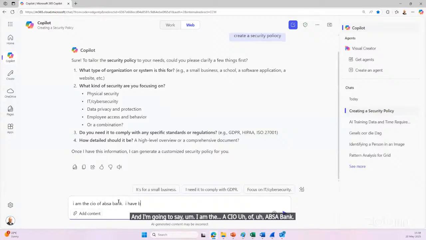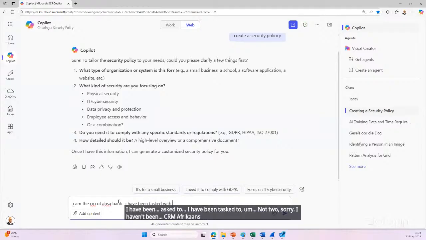I have been tasked with, see, I'm Afrikaans, with the creation of a specific network security policy for the bank.